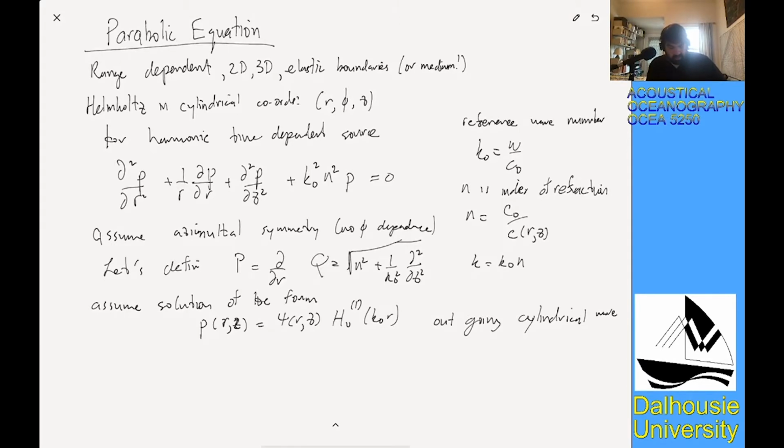Okay. We're also going to assume that psi of r, z varies slowly in range. What exactly does that mean? The metric here is really relative to the wavelength. But in general, this is not really a problem in the ocean at low frequency. Okay.